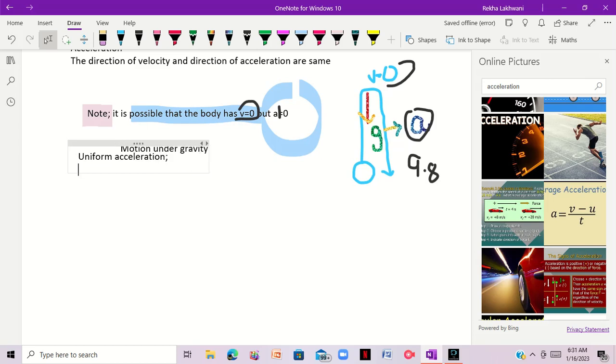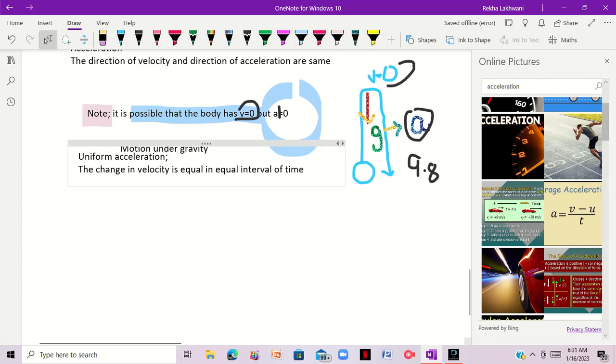Basically it is when the body covers equal change in velocity in equal intervals of time, that is known as uniform acceleration. Like the change in velocity is equal in equal interval of time. Right? So this is basically known as uniform acceleration.